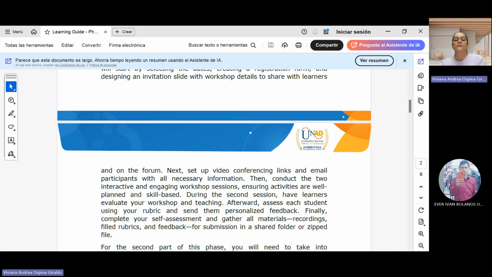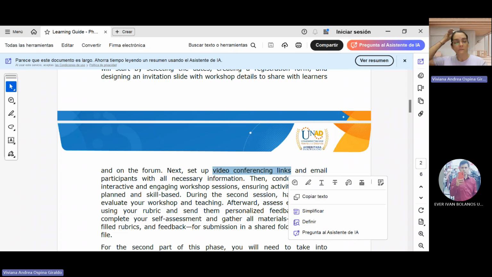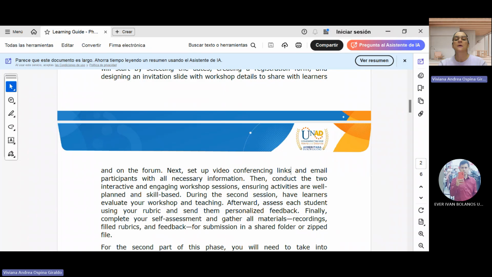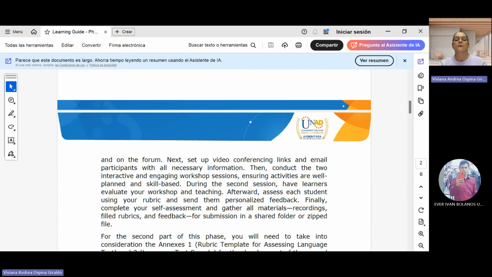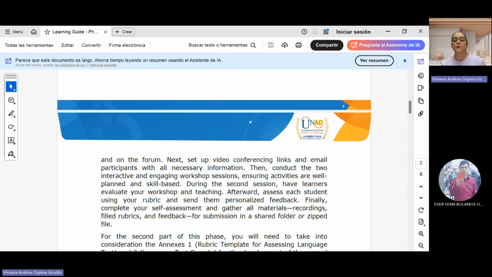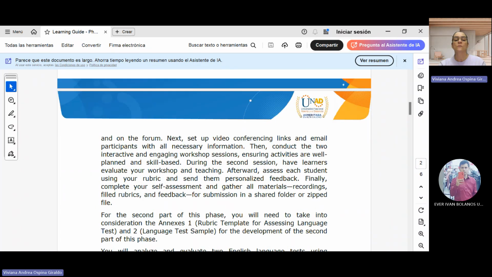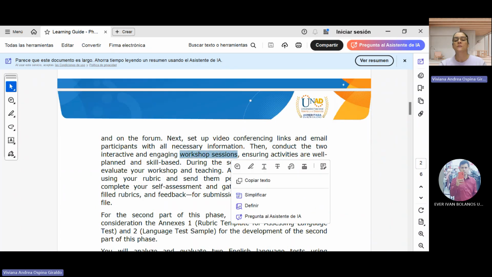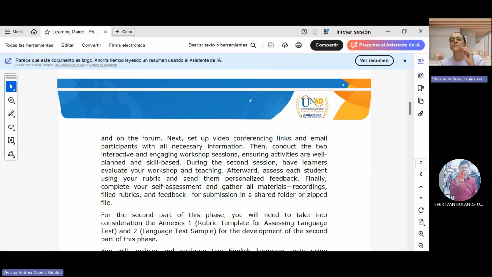Then you have to set up conferencing links. So you have to take a link from Meet or from Zoom or whatever, or Teams, and send it to your participants, okay? Then you have to conduct the 2 interactive workshop sessions. The workshop needs to be divided into 2 sessions, okay?